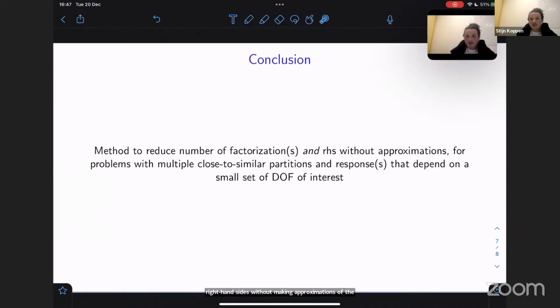And this is especially applicable to problems with multiple close to similar partitions, for example, when there are only a couple of degrees of freedom which switch between known and unknown. And at the same time, when we have responses that depend on a very small set of degrees of freedom of interest. A typical application of this would be compliant mechanism design.